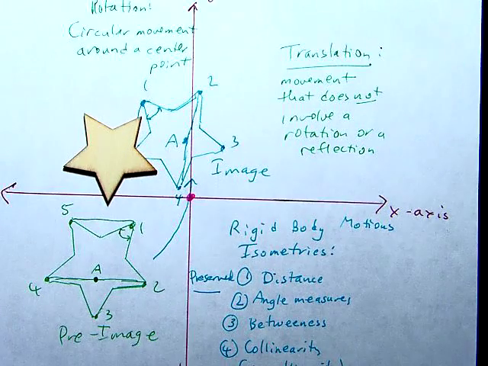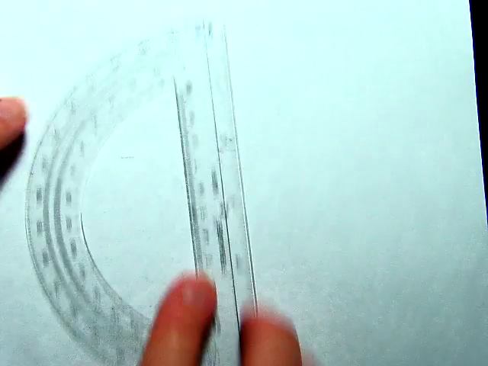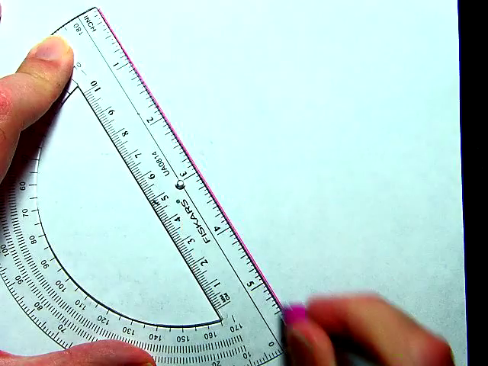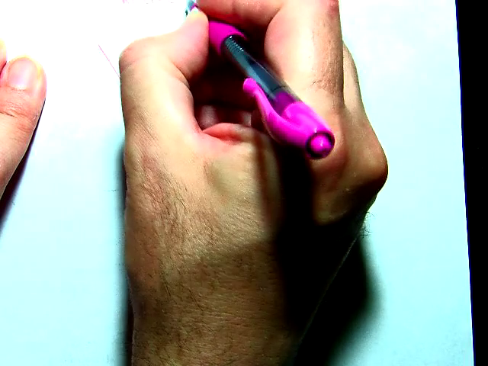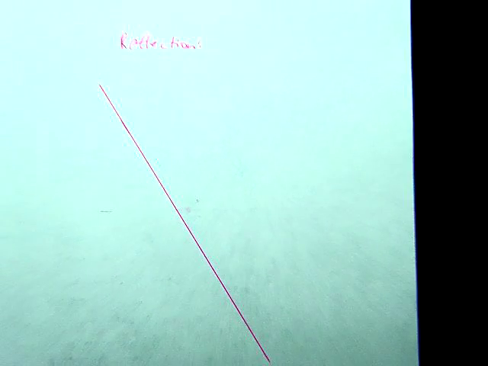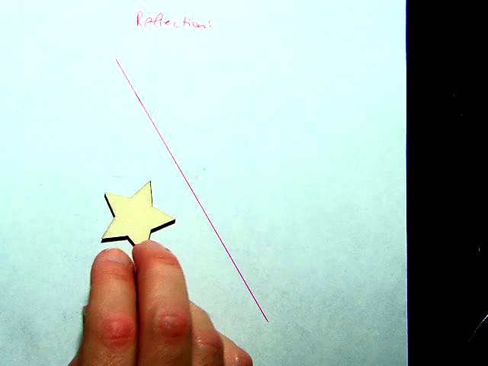And finally, we've got something called a reflection. Let's get another clean set of axes. In fact, we don't even need an axis. All we need is a line, rather. So let's talk about reflection. And when you think about reflection, you're probably thinking about something like a mirror. A mirror reflects light. And a reflection, which is an isometry, reflects an object.